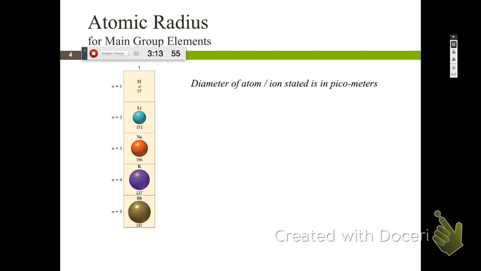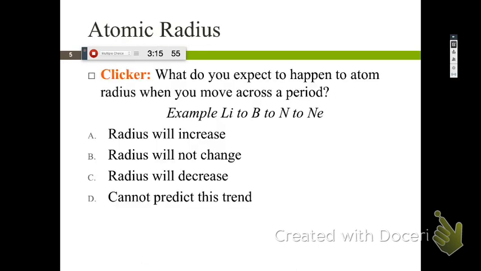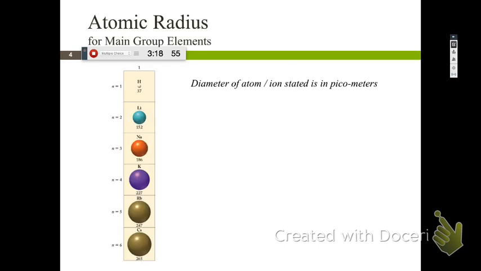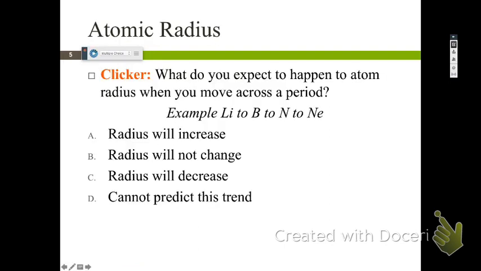And so the main justification for this trend was that you have more shells to fill more electrons. We know that each shell is successively larger than the last one. Now let's talk about when we move left to right across the periodic table. Once you have your answer, talk to your neighbor.